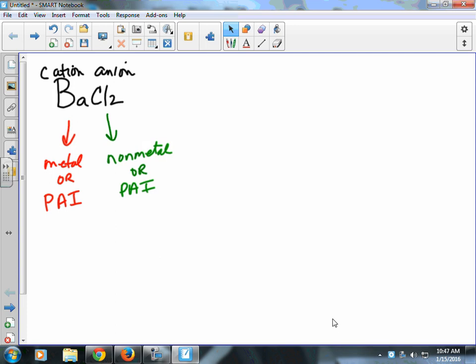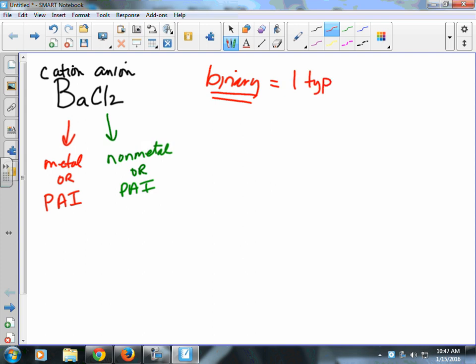Another thing. How many elements do you see here? Different types of elements? Two. We are doing names and formulas for binary ionic compounds. One kind of cation, that means one type of cation, and one type of anion.